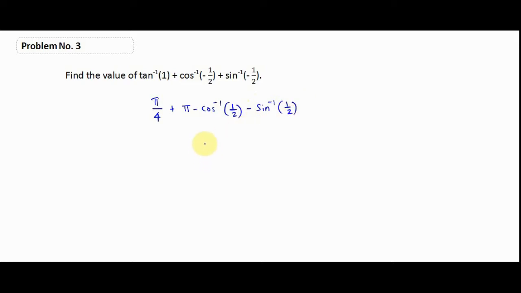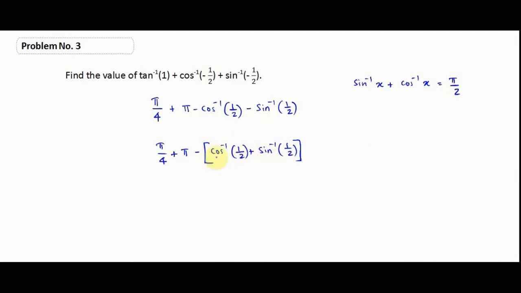Now let's rewrite this as pi by 4 plus pi minus cos inverse of 1 by 2 plus sine inverse of 1 by 2. And we know that sine inverse of x plus cos inverse of x is equal to pi by 2. So let's make use of that formula here.